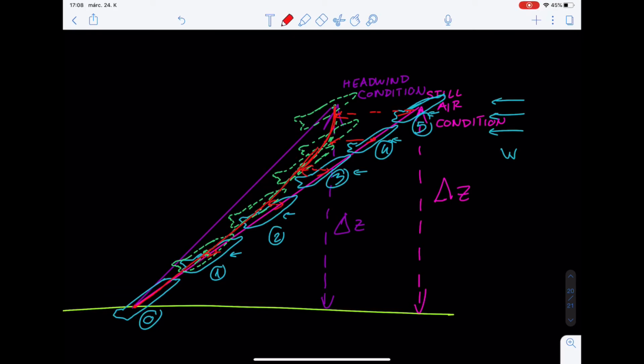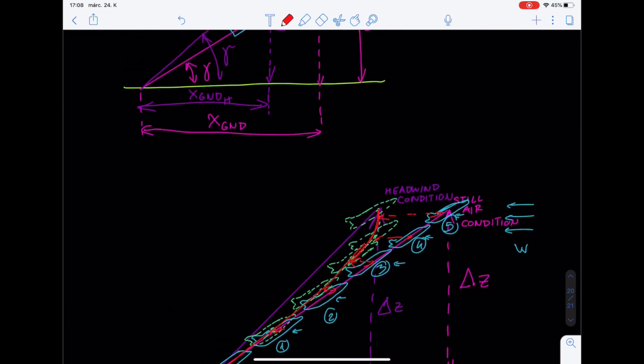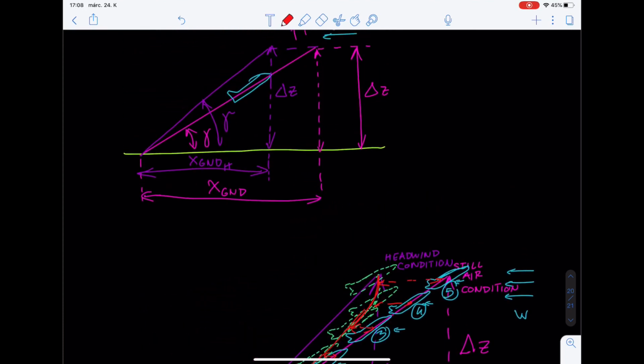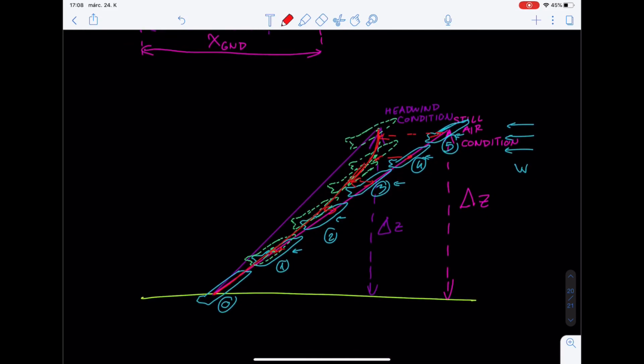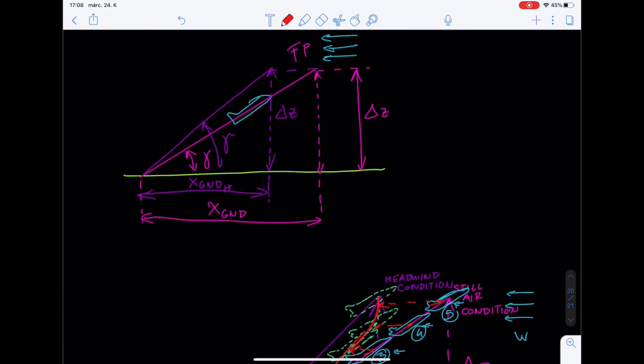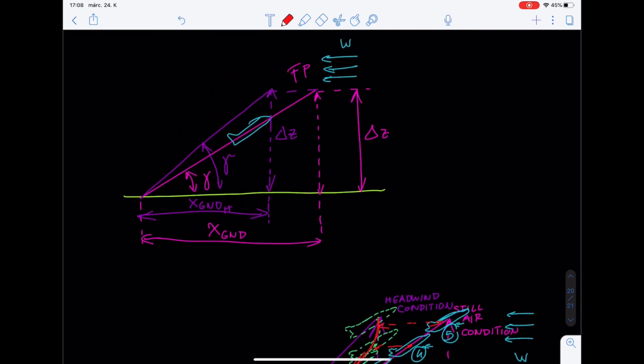So we started from the same position, and we always get drifted a bit back, a bit rearward. And this is the point. So if you have a headwind, your flight path angle is going to be increased, and you're going to reach the same vertical distance or the same height at a sooner position.